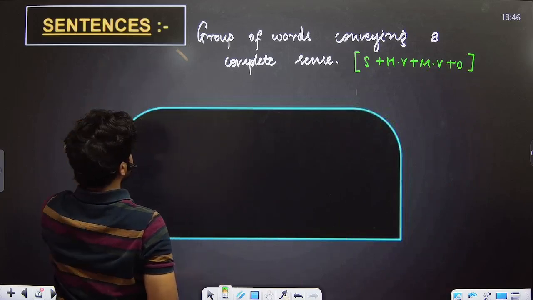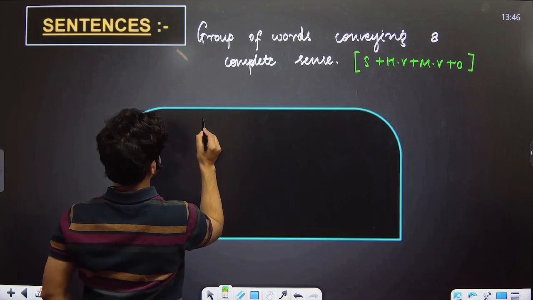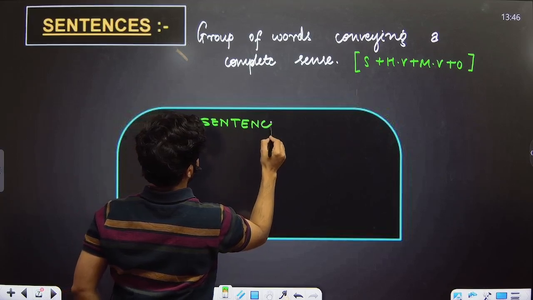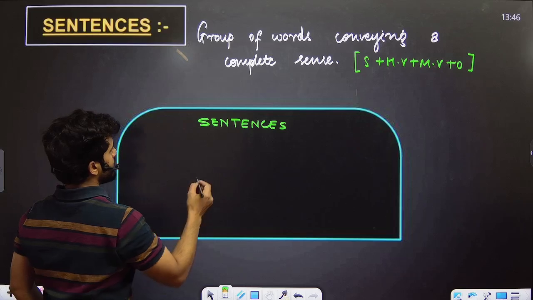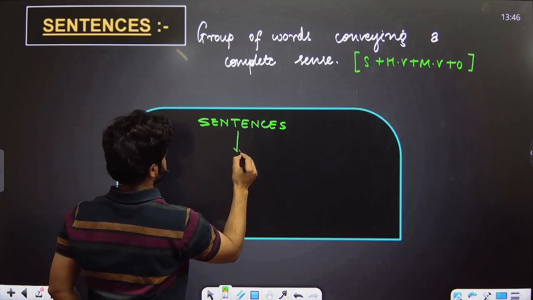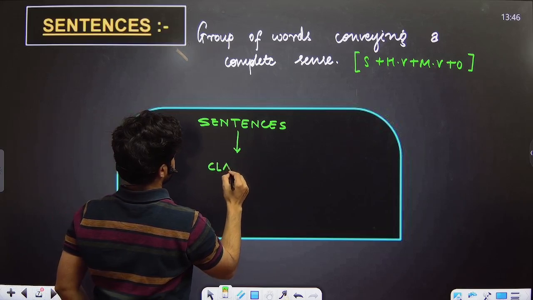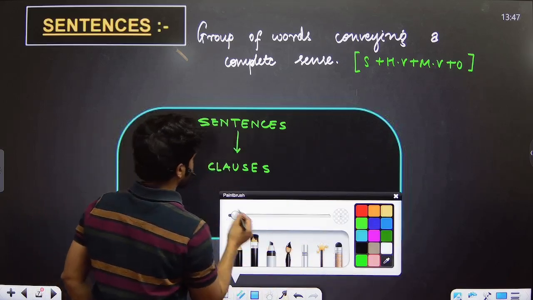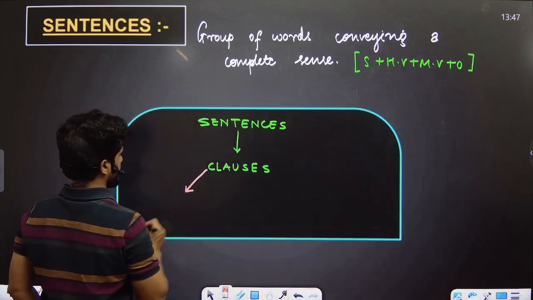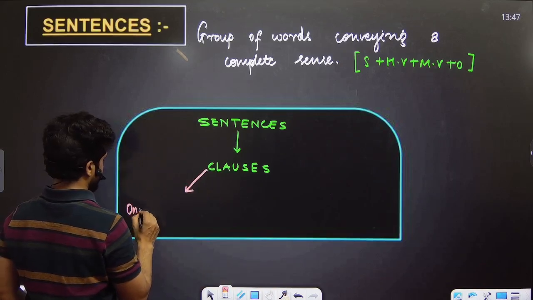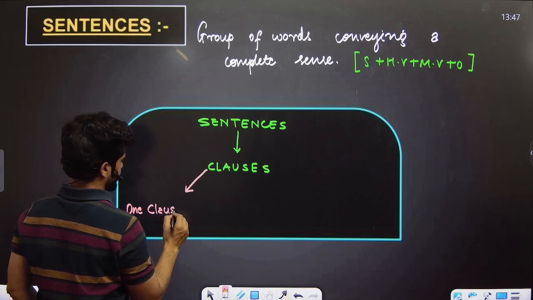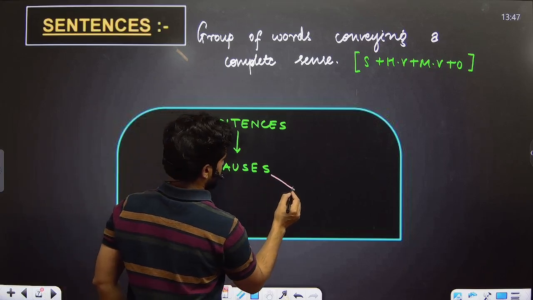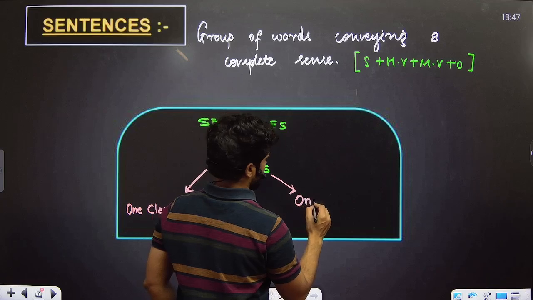Now see, in the case of sentences, they are made up of what? Clauses. Now, a sentence might contain one clause, giving you complete sense, or more than one clause.